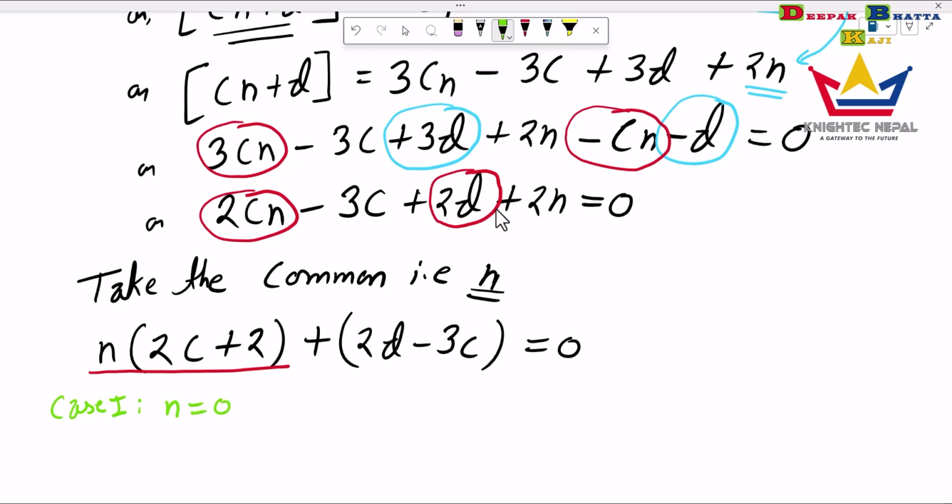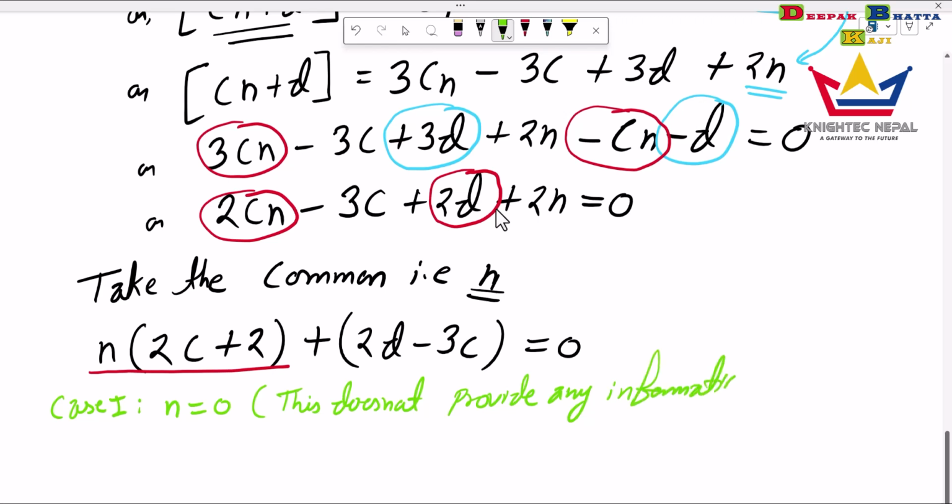So this does not provide any information about C, so we will neglect it. We will neglect this case 1.